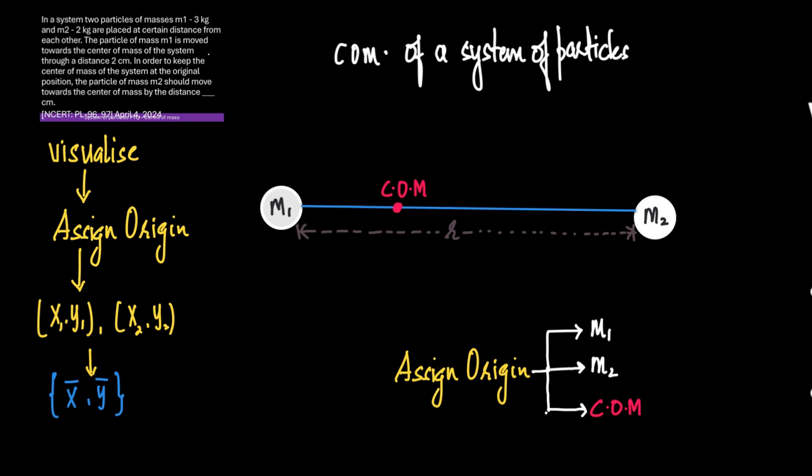But the most logical ones would be choosing M1, M2, and COM as three different cases of origin. So the question is, which one will you choose? Will you choose M1 as the origin, or M2, or COM? And if you choose these three separately, what would be the difference? How will that influence the final answer?